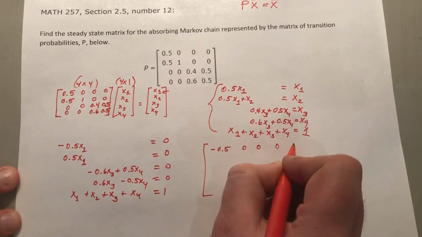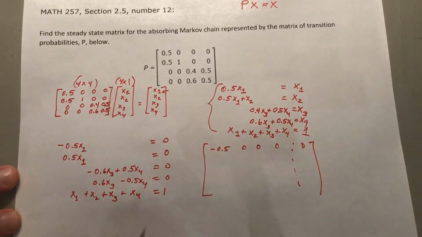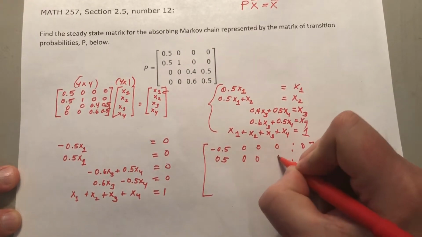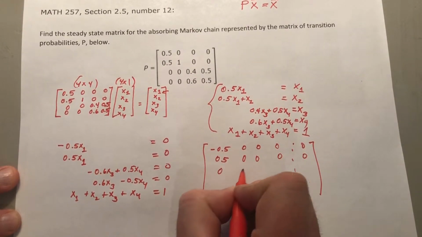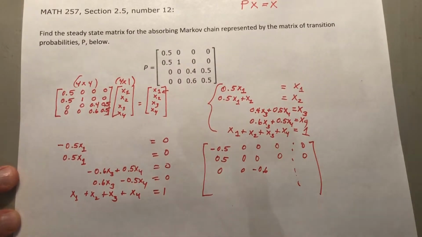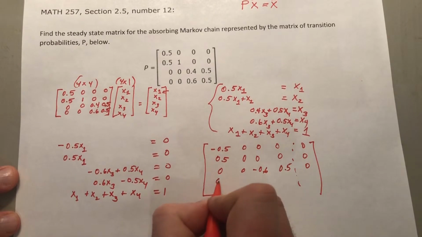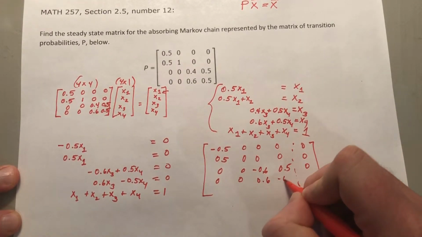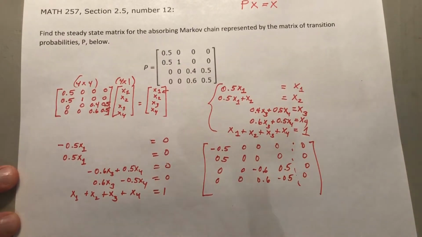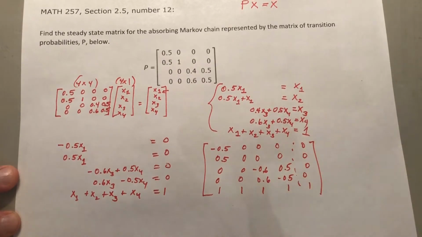Yeah, and another 0. 0.5, 0, 0, 0, 0. 0, 0, negative 0.6, 0.5, 0, 0, 0. 0.6, negative 0.5, 0, 1, 1, 1, 1, 1.